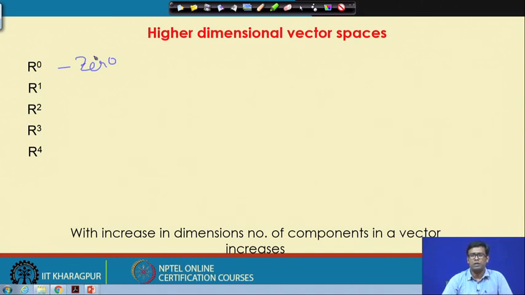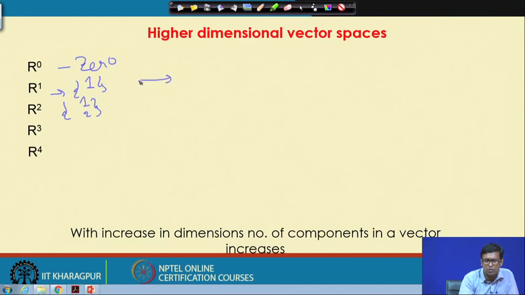But after that, if we write one number, it is a member of R1, we can write two numbers, it is a member of R2. So, this means a length from origin, this is the origin, a length 1. This means from origin a length 1 along the x axis and 2 along the y axis.